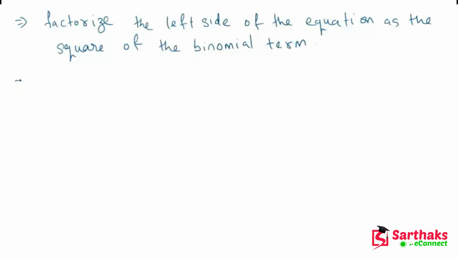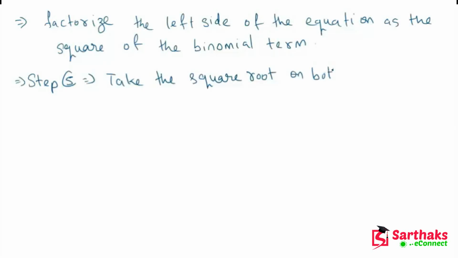Now step number 5: take the square root on both sides, and solve for the variable x and find the roots.